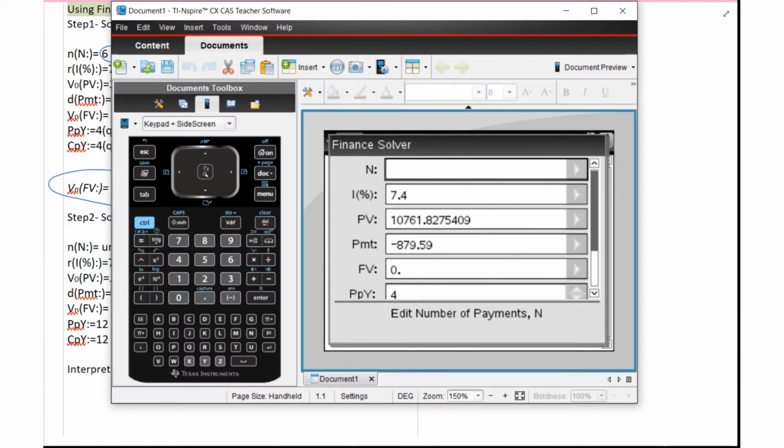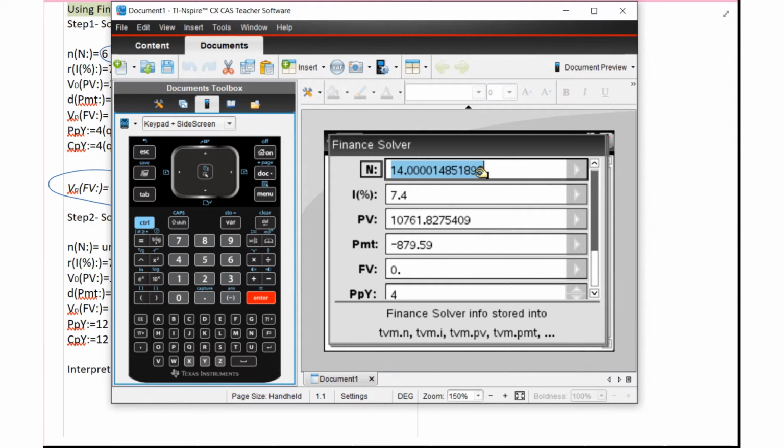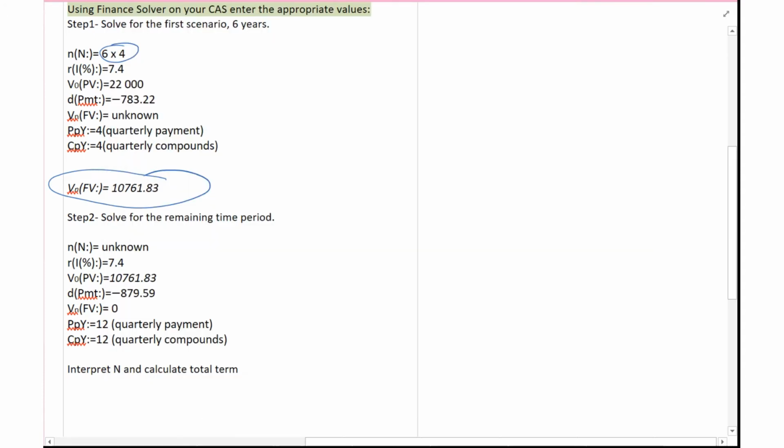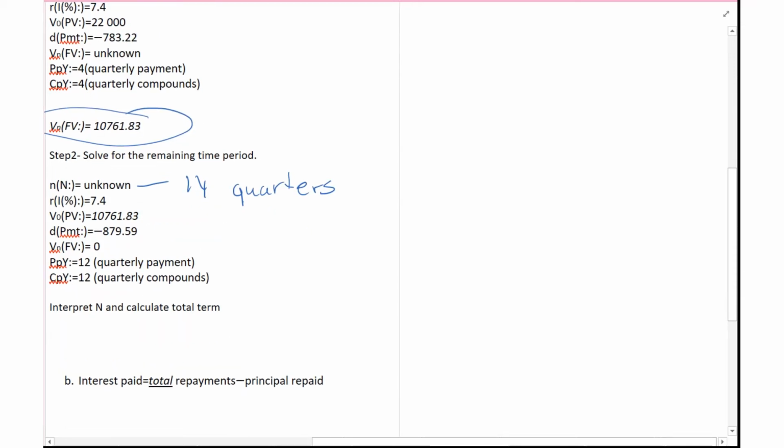That's an example of where to double check things first. Yeah, that's better. So I get 14. What it's saying is I need to make another 14 quarters. That's 14 quarters. So that means 3.5 years.